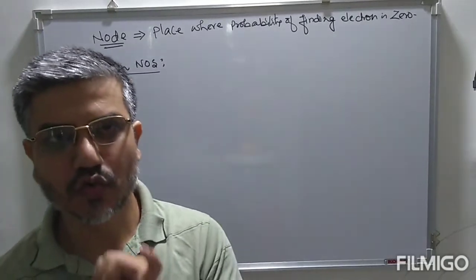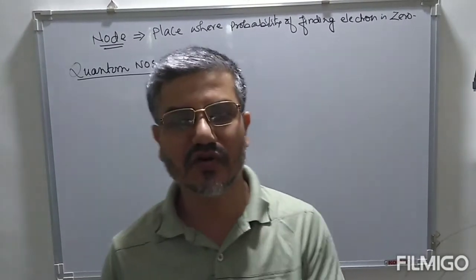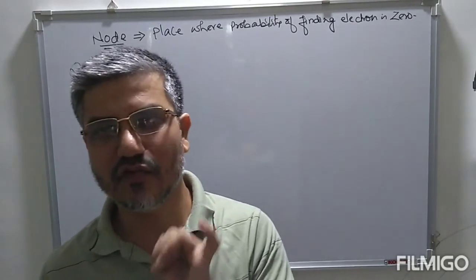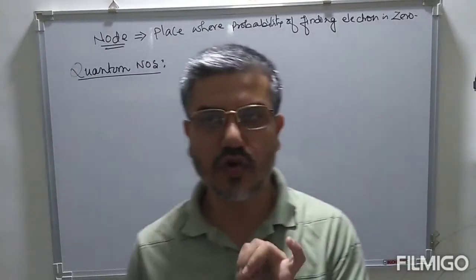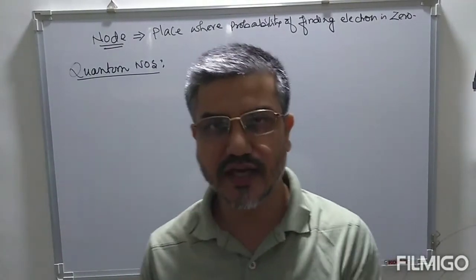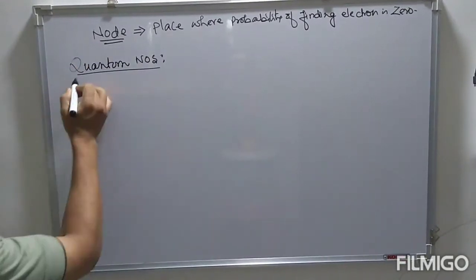In the same way, to locate or to define an electron in an atom, we require minimum 4 values. The minimum 4 values which are required to locate or identify an electron in an atom is what we call quantum numbers.